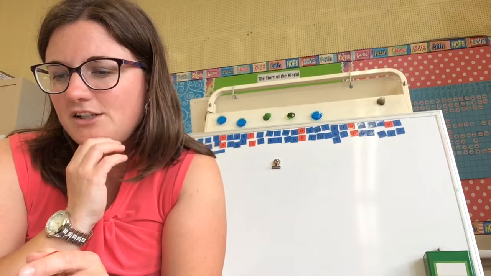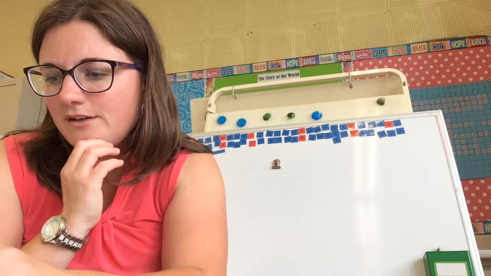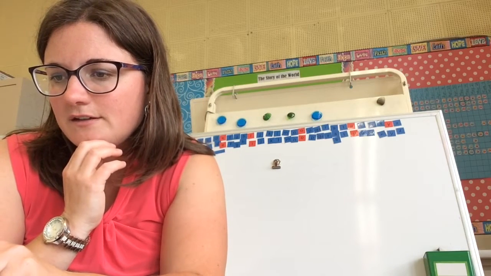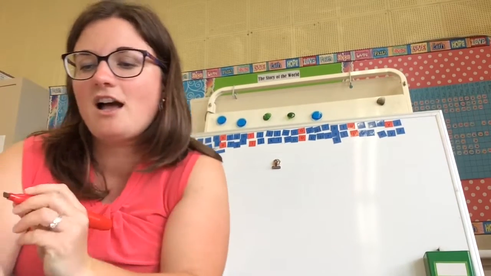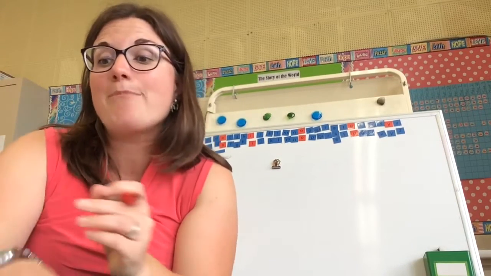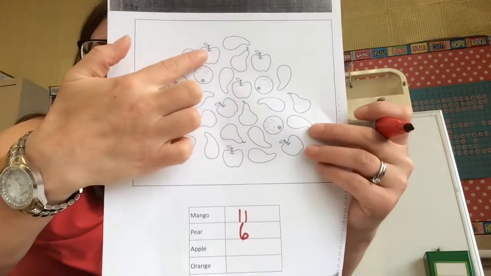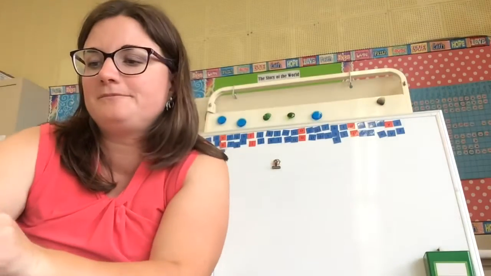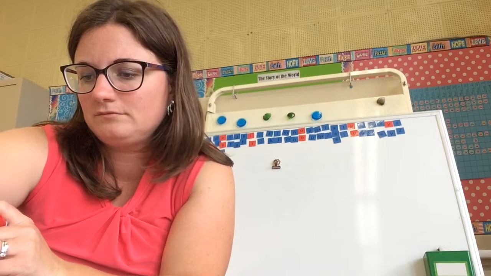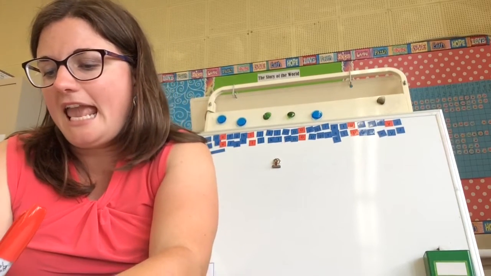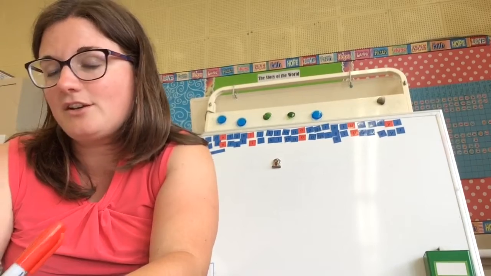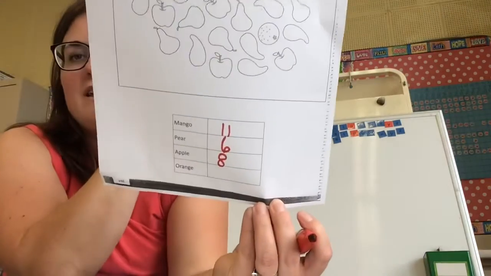Okay, how many pears did you get? Did you get 6 pears? That's what I've got. Now let's go through and count our apples. Okay, so go through and count the apples. We've got 8 apples, so you're going to write an 8. Do you see I'm filling in all the numbers?